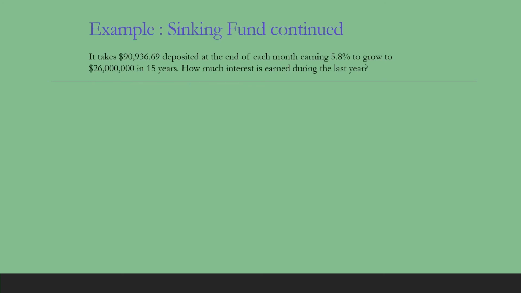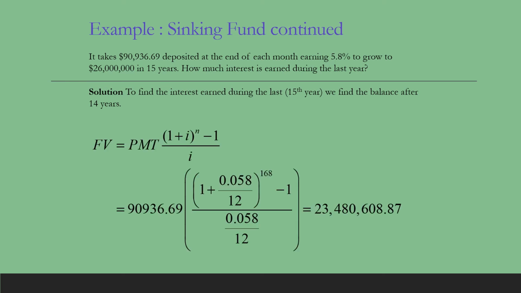How much interest is earned during the last year? The 15th year amount will not fetch any interest, so we have to calculate only for 14 years. So n is not 15 times 12, it will be 14 times 12. So we get this much amount.